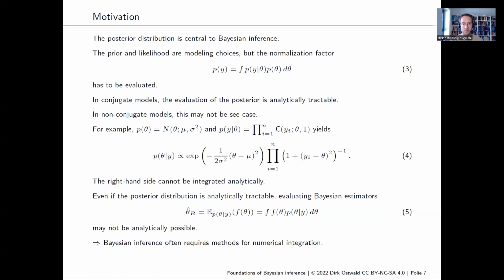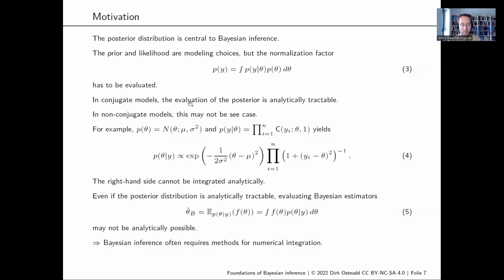And hence the core problem in Bayesian inference is this integration, because to find the posterior in terms of its profile, that's not a problem. That's already in the definition of how we set up the model.